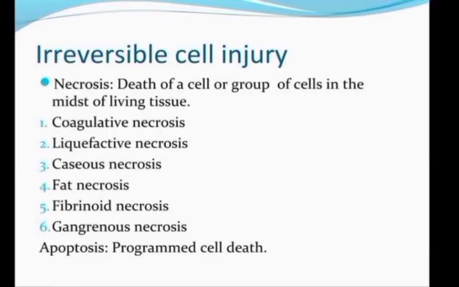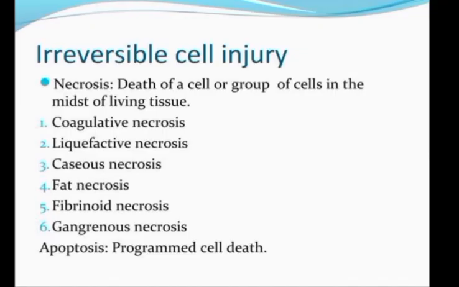Ischemia reperfusion injury: when blood supply is restored to an injured tissue, three major mechanisms worsen the damage. First, calcium overload. Reperfused blood brings more calcium, and the injured cell cannot regulate calcium because ATP is low. The result is membrane damage. Second, generation of reactive oxygen species.